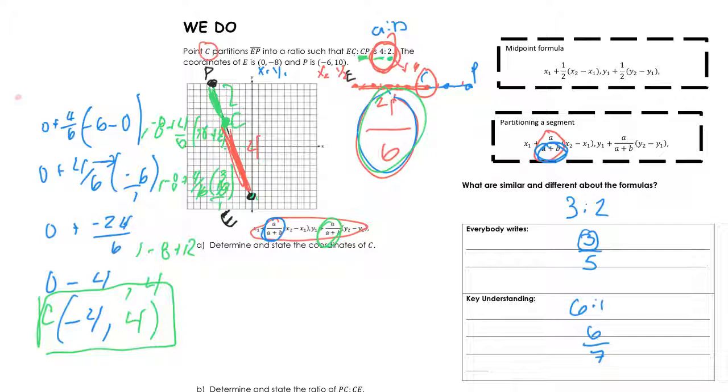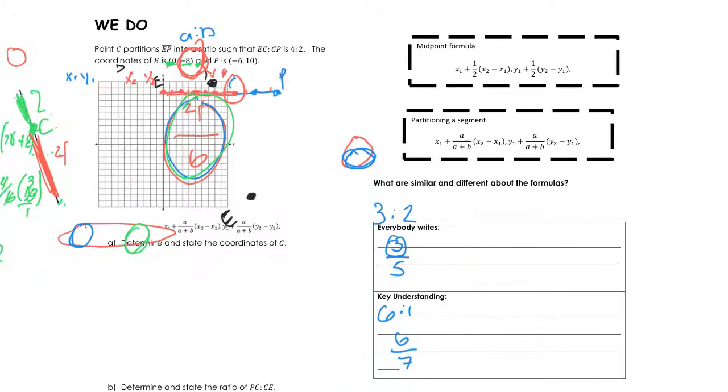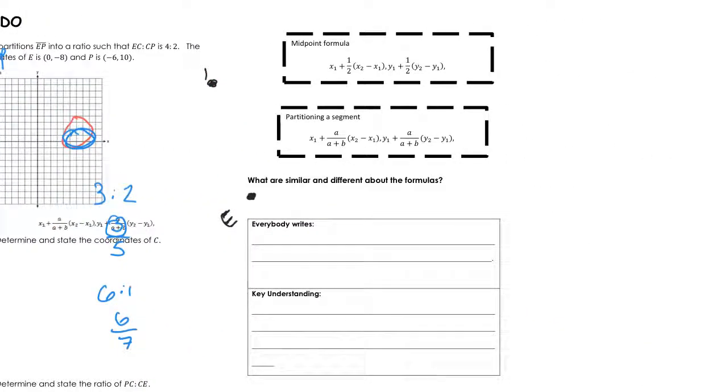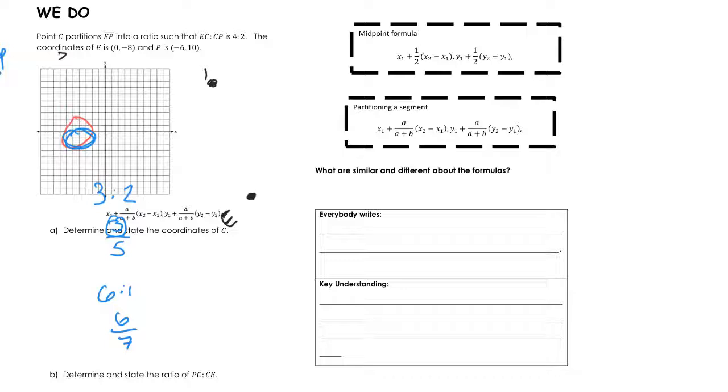So look at the next page where it says everybody writes. And basically all you need to notice is what's similar and different about the formulas. It's the same formula as the midpoint.